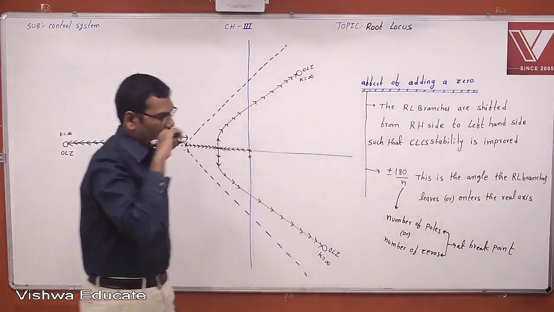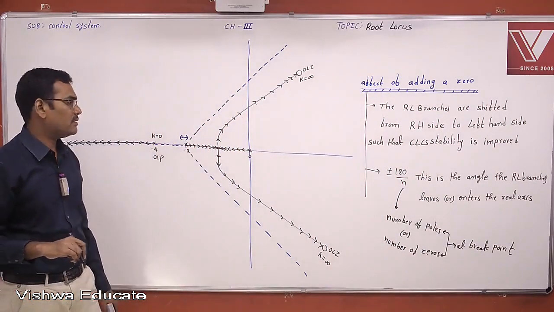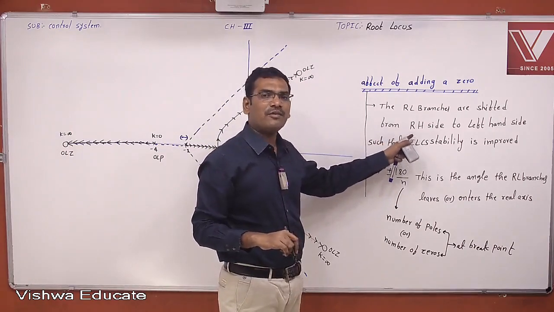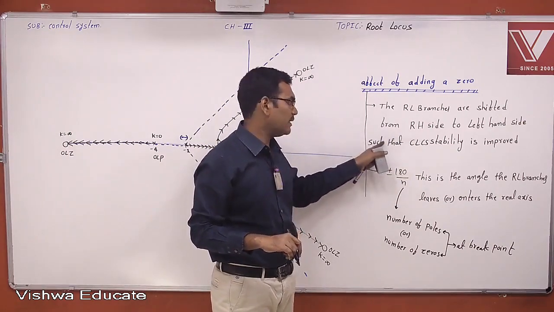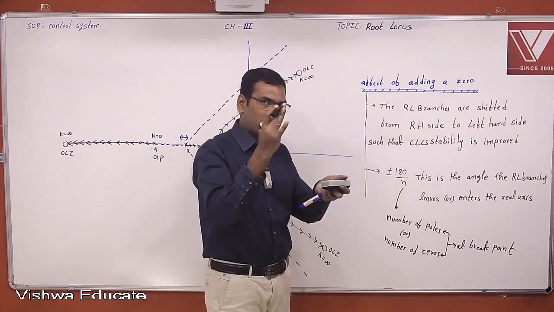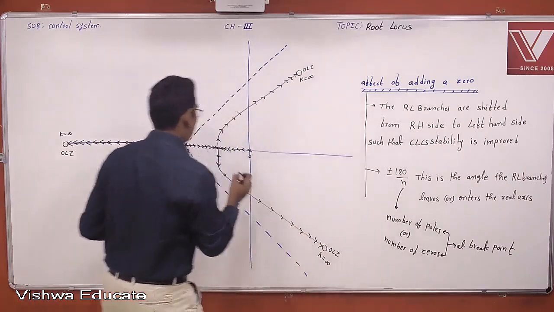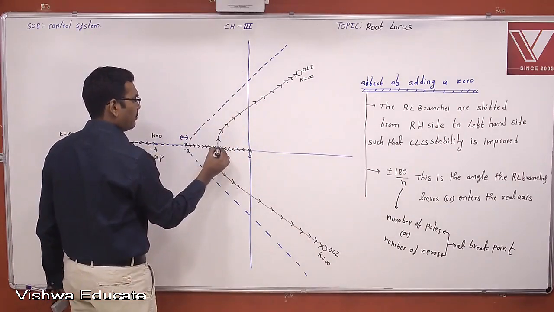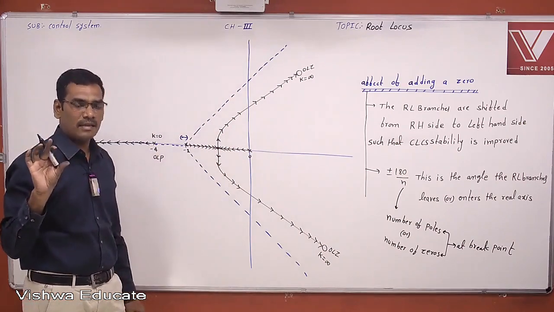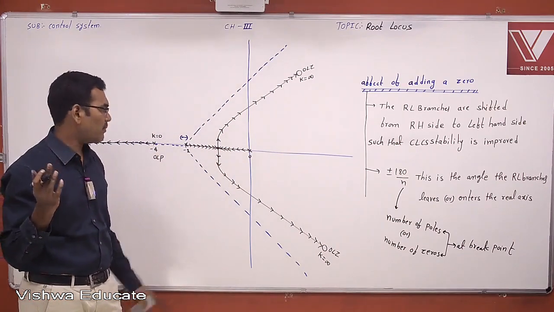Okay. Now this is the effect of adding a zero. While you add a zero, the branches from the right hand side shift to the left hand side, and stability is improved. Now this is the angle at which the root locus branches leave or enter the real axis. Now see here, at this particular break point, there are two poles. Therefore, the leaving angle is plus or minus 180 degrees by 2, which is plus or minus 90 degrees.